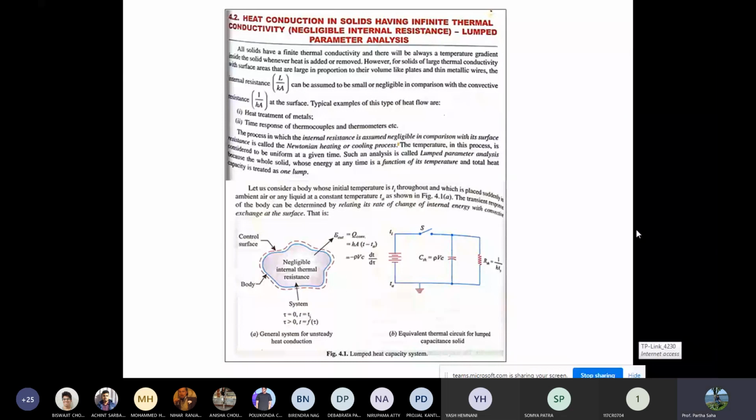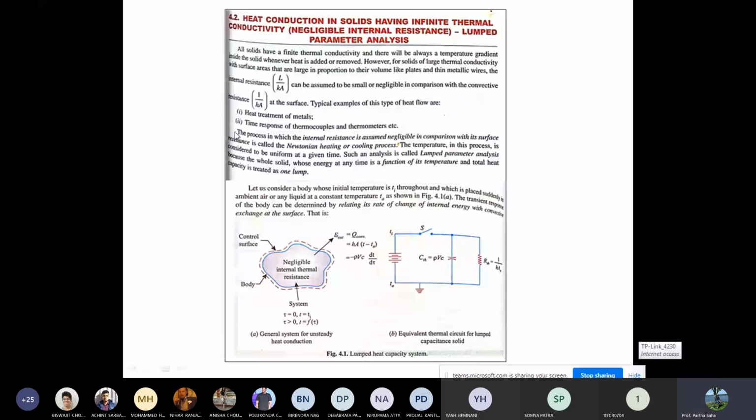So there are two parameters which actually control the thermal gradient or heat transfer across the body. One is known as internal resistance given by L by KA, as you can see. Another is known as convective resistance given by 1 over hA.